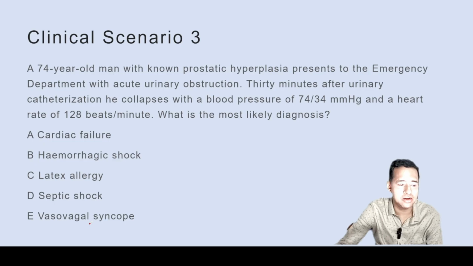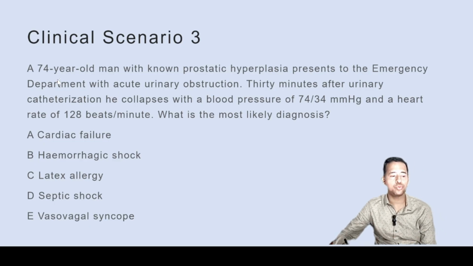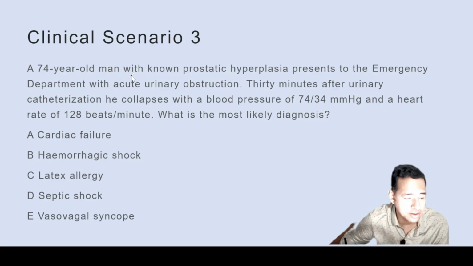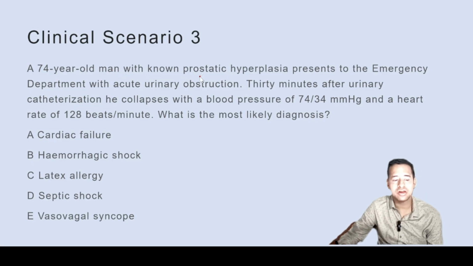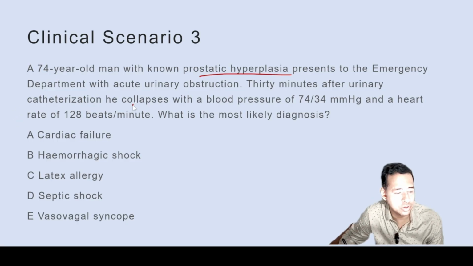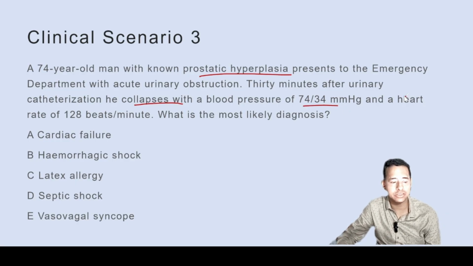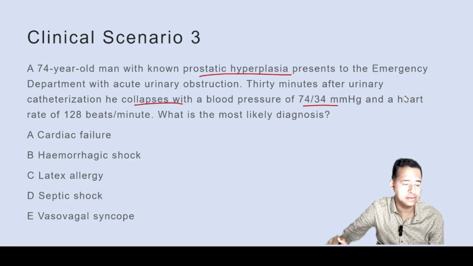Next is clinical scenario 3. Okay, in clinical scenario 3, a 74-year-old man with prostatic hyperplasia presents to the emergency department with acute urinary obstruction. 30 minutes after urinary catheterization, he collapsed with a blood pressure of 74/34 mmHg and a heart rate of 128 beats per minute.